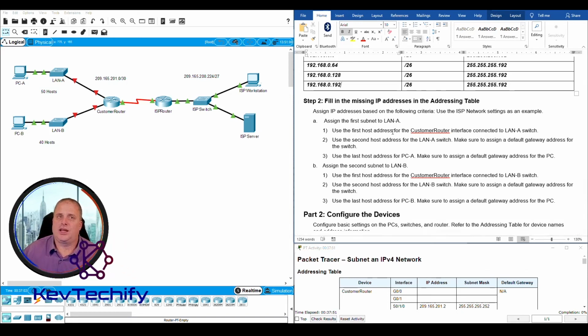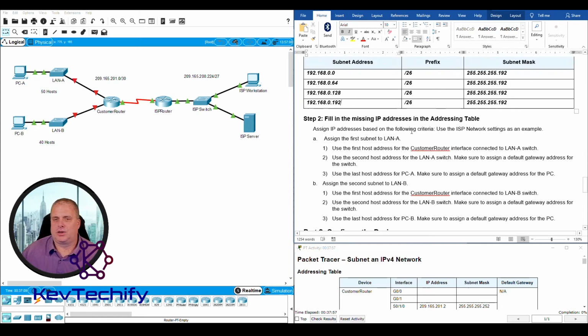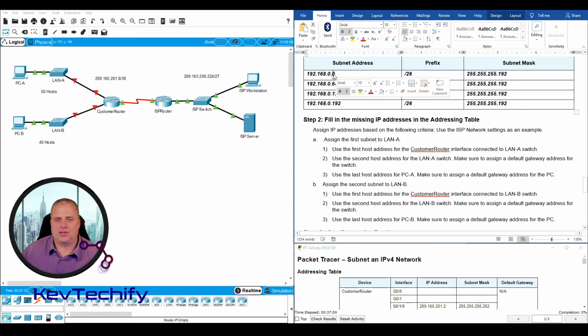You have to add 1 to that. 0 plus 1 gives us 1. Use the first host address for the customer. Once again, this is the network address. Can't use the first one, but if you add 1 to that, you can do that. Use the first host address for the customer router interface connected to LAN A.